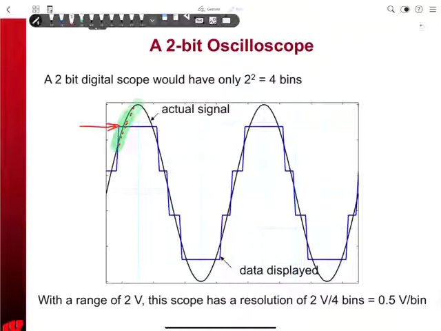And so it's going to look really chunky like this. If I've got plus or minus 2 volts, for instance, and I've only got 4 bins, I can only narrow stuff down to at best half a volt, right? Not very accurate. That's what a theoretical 2-bit oscilloscope would look like. Of course, even the cheapest scopes nowadays are at least 6 or 8 bits. But a 2-bit one would be pretty chunky.